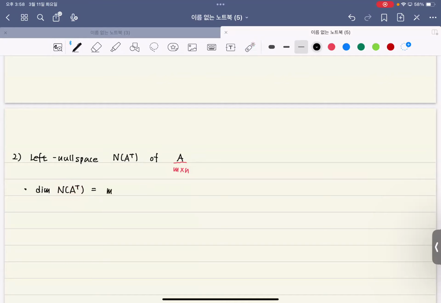So this is m minus rank of A transpose, which is m minus rank of A. Now we know the dimension of the left null space. Then how do we find the basis of the left null space?